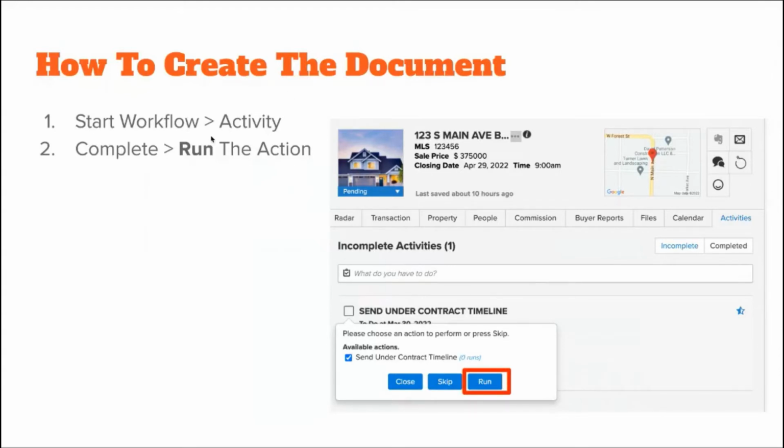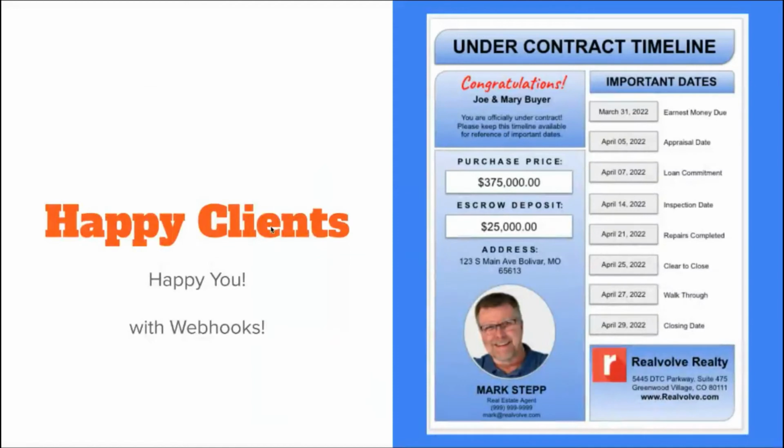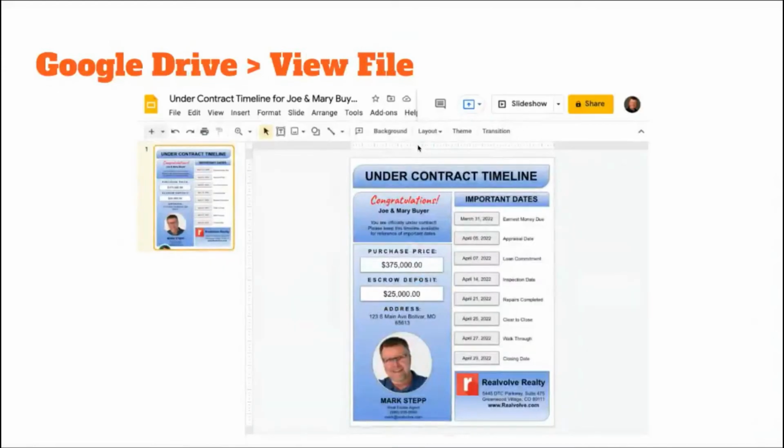But ultimately, the idea is that during that closing process, at some point you want to send or create the under contract timeline. You check that off and then hit run. Whenever you hit run, it goes out and creates that template out on Google. It's going to have the name of the buyers in there.